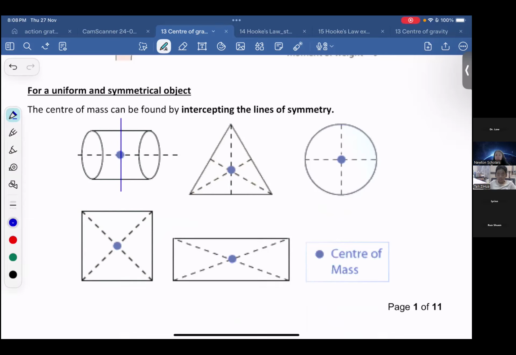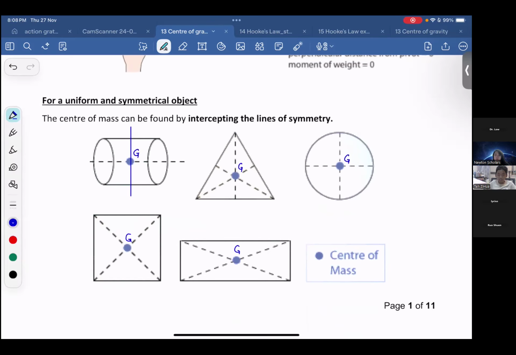These two lines intersect at this point, and the dot here is the center of mass G. For a uniform and symmetric object it is easy. We just find the lines of symmetry that intersect, and then we know. We don't need to do anything very complicated. So this is a regular, or uniform and symmetrical, object. Until here, then we go to page number 2.